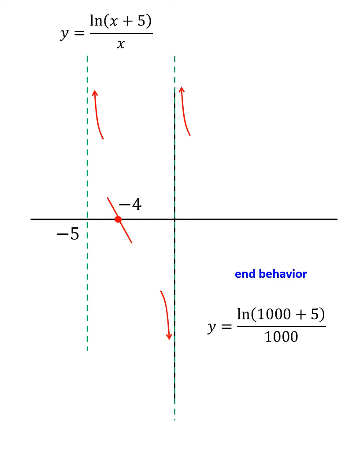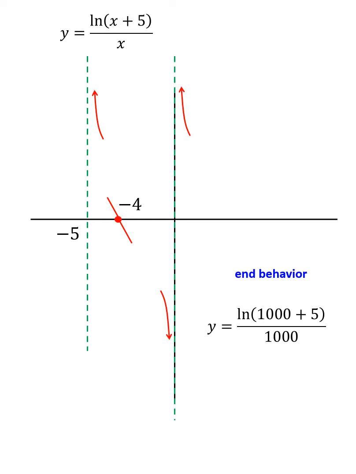The natural log, or all logarithms really, are so incredibly slow growing that I would estimate the natural log of 1,005 might be 6 or 7 or 8. And while I wouldn't expect a student to know that, I do expect students to know that the natural log is a very slow growing function, so that the natural log of 1,000 would be way less than 1,000.